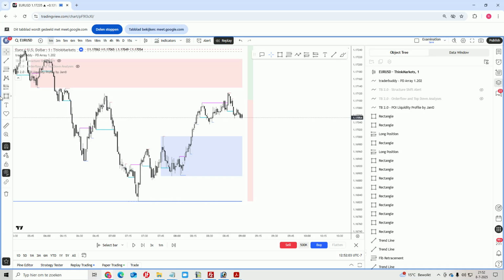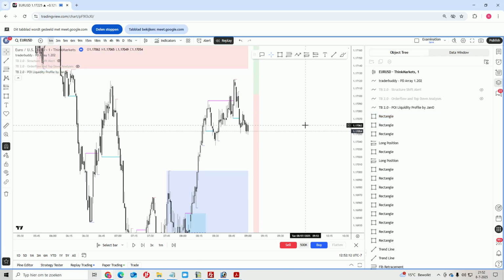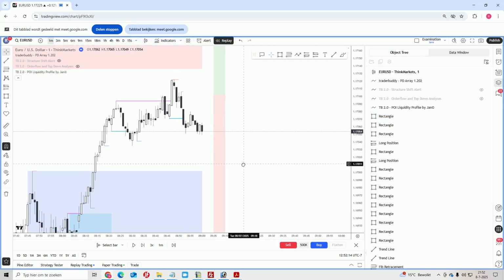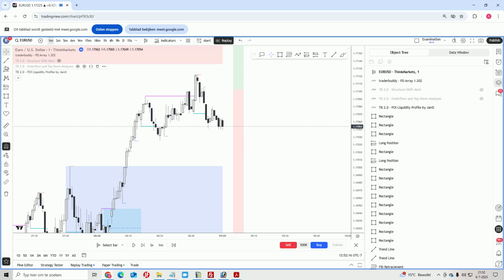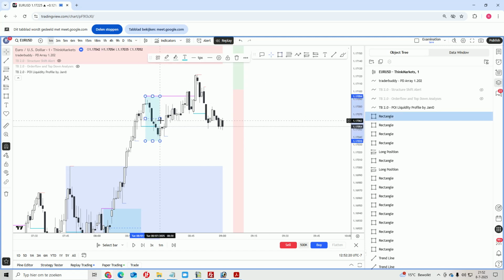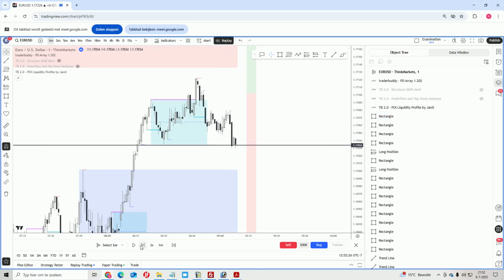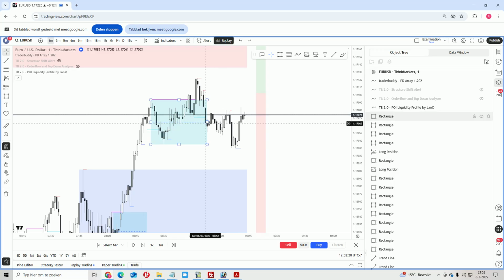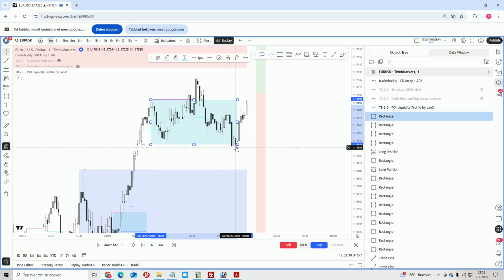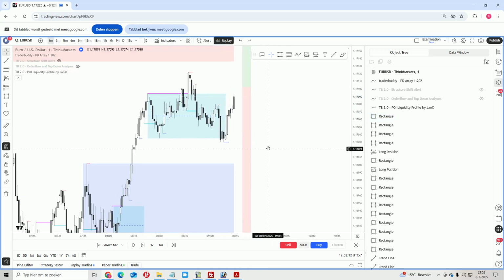So bullish order flow. This is bullish order flow. Correct? Follow the order flow. Here we have bullish order flow. Is this a break of the order flow? No, it's not. A valid close below.